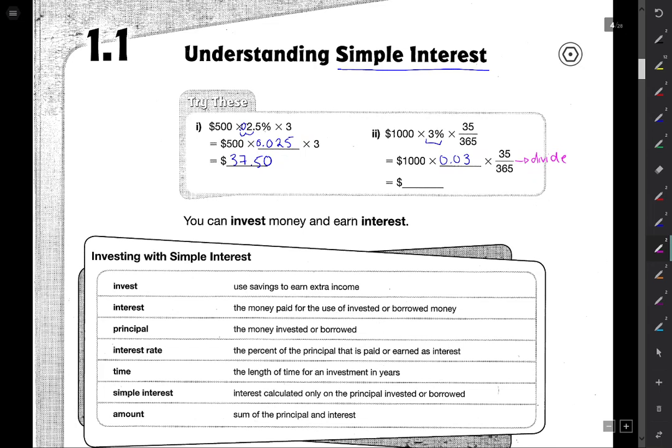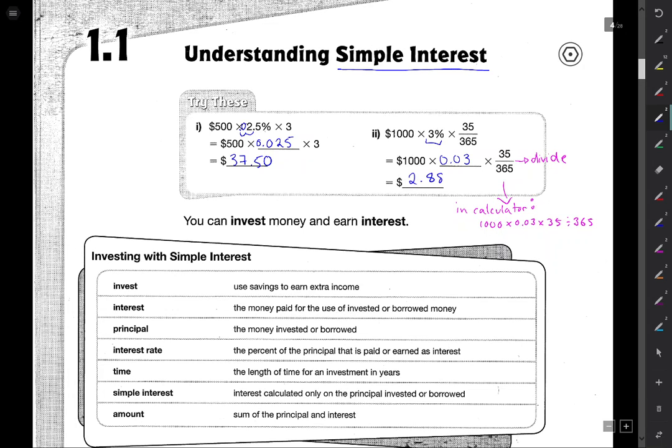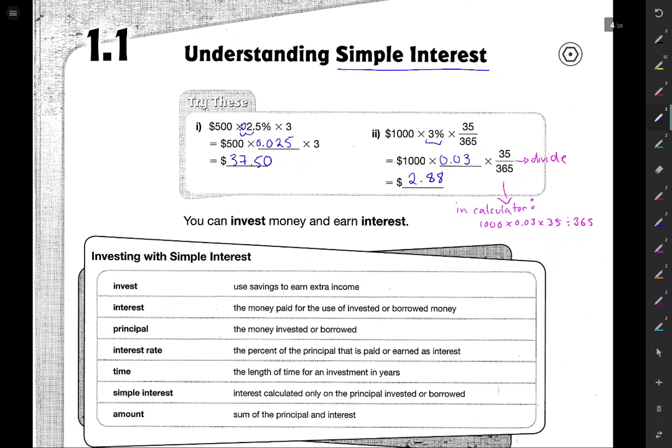So you're going to do 1,000 times 0.03 times 35 divided by 365. So here, I'll write that for you down here. So after you plug that into your calculator, you should get $2.88.